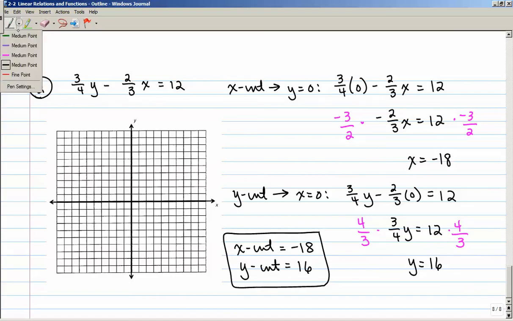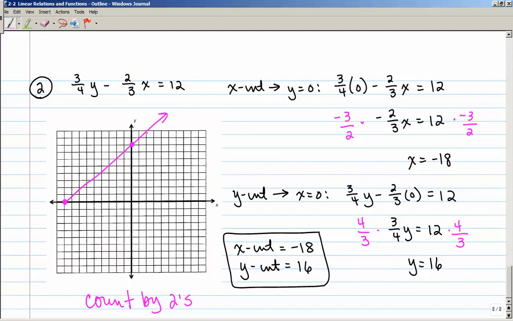And to graph those, my graph isn't quite big enough, so I'm going to actually count by 2's. And if you do that on a graph, be sure you note that and tell me that. X-intercept of negative 18 is going to be right there. Y-intercept of 16 is right there. And my graph looks like that.